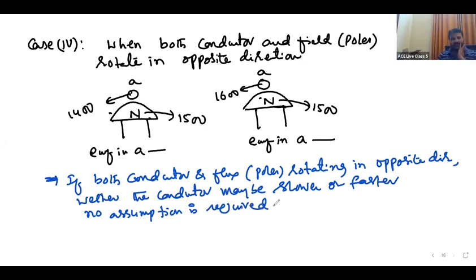Relative motion is already increasing. Then apply your right hand rule. So in both cases, cross only. Flux direction, motion of the conductor, cross. Here also it is cross. Here also it is cross.